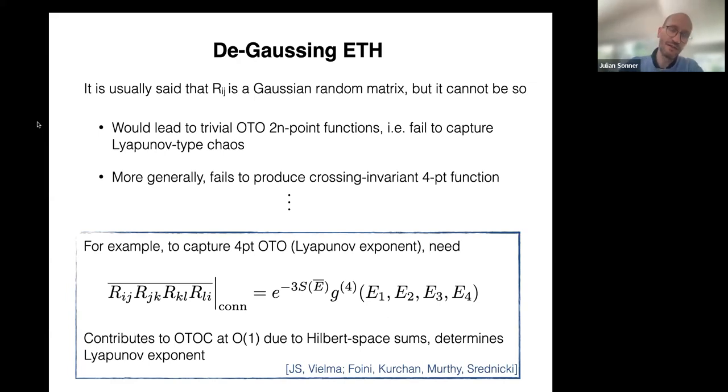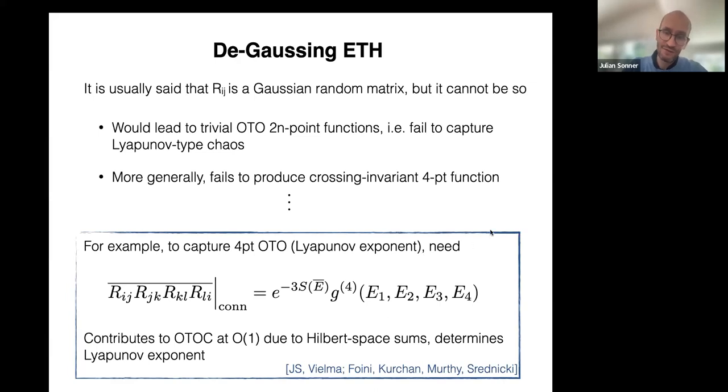The way that we realized that there should be some correction to this Gaussian is that we tried to compute something like an out-of-time order correlation function. Just a 4-point function is actually enough. And what you find is that the ETH ansatz, if you just plug it straightforwardly into the 4-point function, completely fails to capture Lyapunov type chaos. The reason is simple to explain, and it's the formula I'm writing here at the bottom.